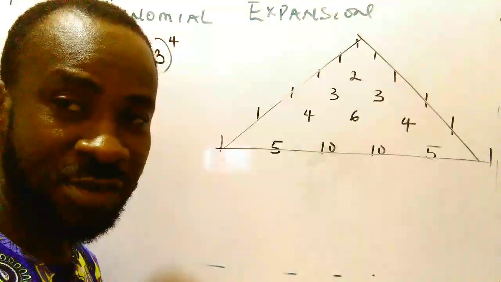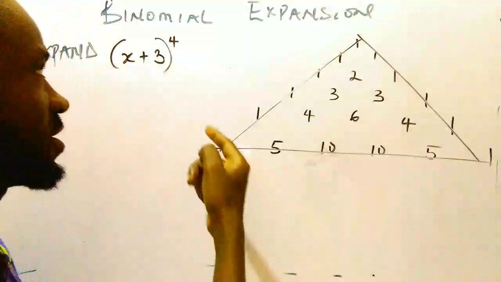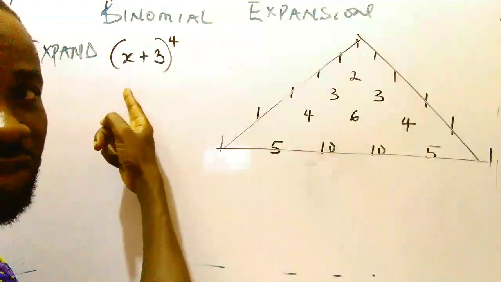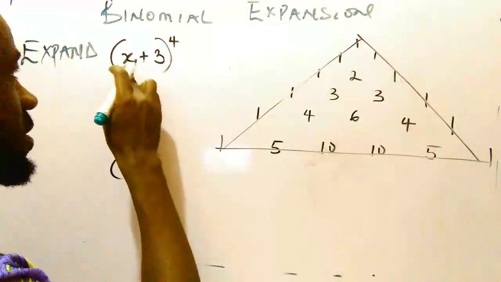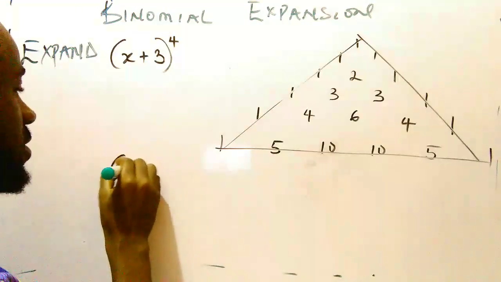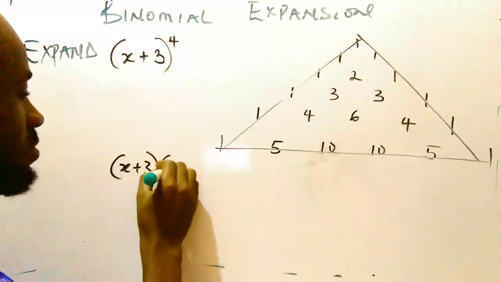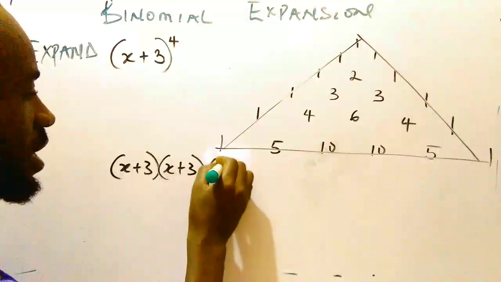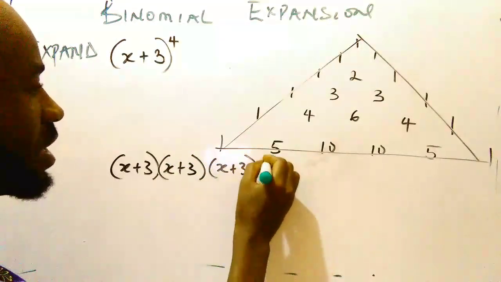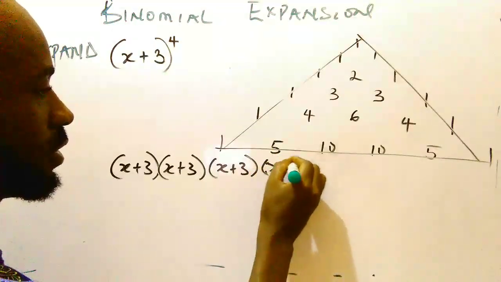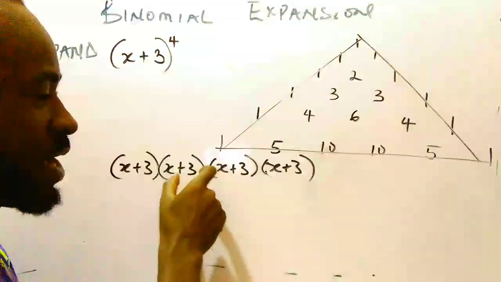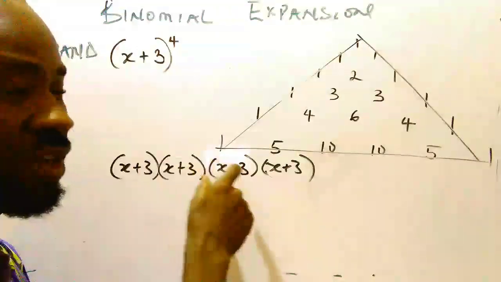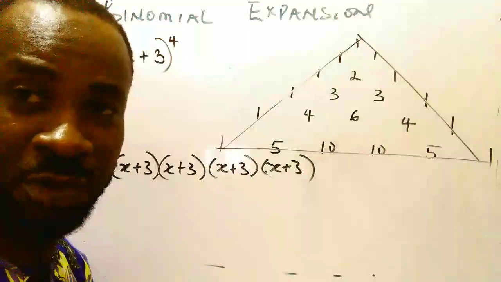Now, this Pascal triangle saves us time in expanding binomial functions such as this. You know, this x plus 3 to the power 4 is the same as x plus 3 times x plus 3 times x plus 3 times x plus 3. This is what this means. And for us to begin to expand this, one after the other, it will take us time, okay?